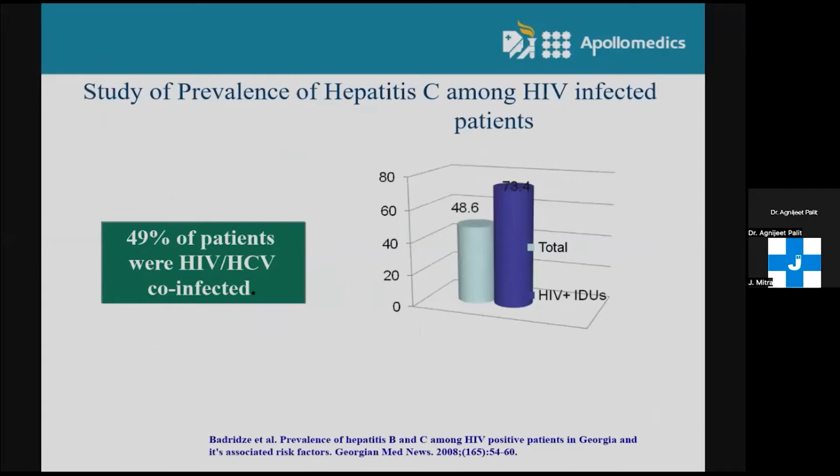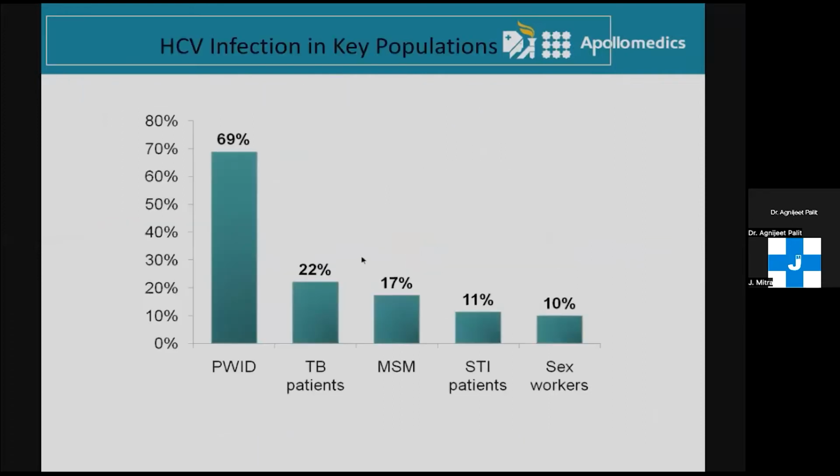If we see the infection of HCV in key populations, people with IV drug abuse were found to have 69% incidence of hepatitis C infection, followed by TB patients at 17%, the MSM group, that is men having sex with men, at 11%, patients with STIs at 11%, and sex workers at 10%.